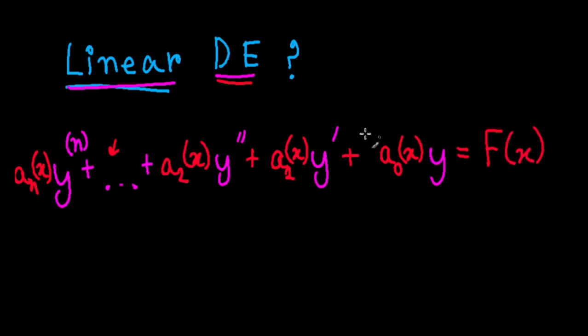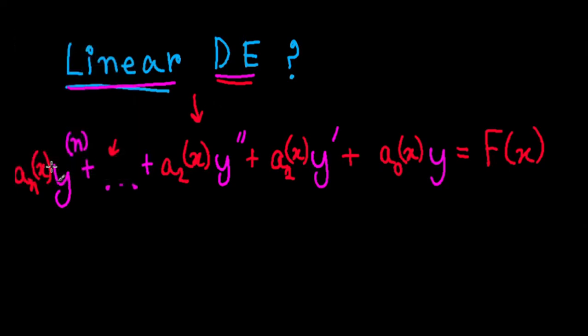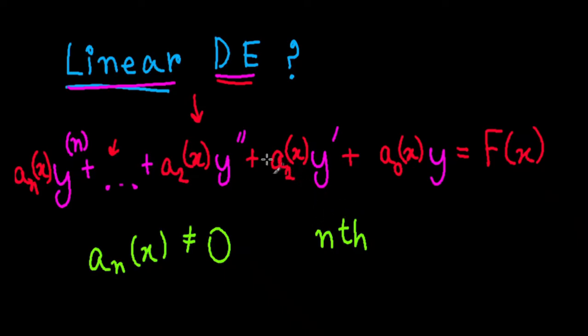So this is how a linear differential equation looks. Assuming that a sub n of x is not equal to 0, this is an nth order linear differential equation, and that's pretty obvious because the highest derivative is the nth derivative.